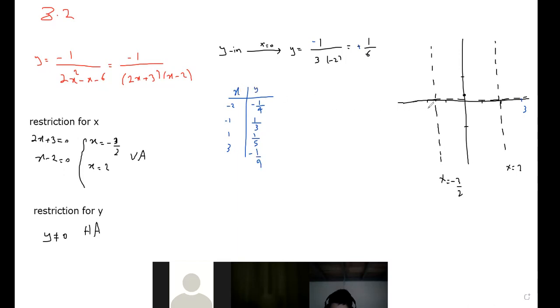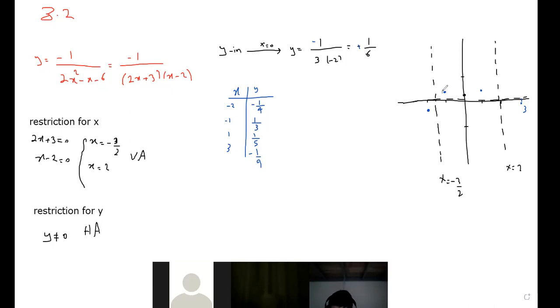-2, -1/4 is approximately there. -1, 1/3 is approximately here. And that is 1/5 approximately here. Then at 3 is -1/9. It's there.